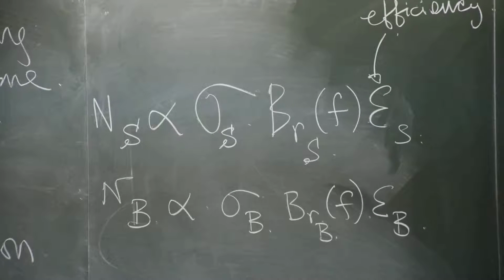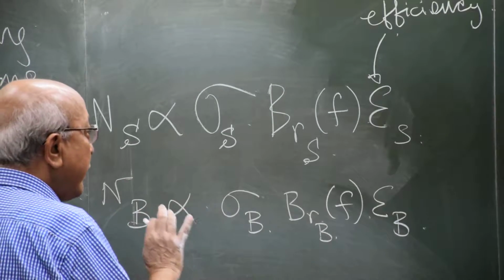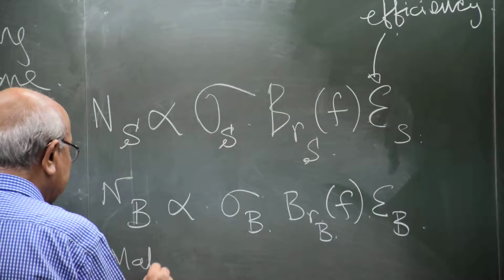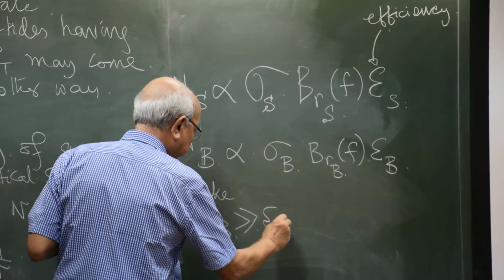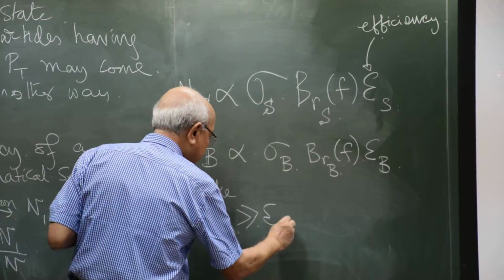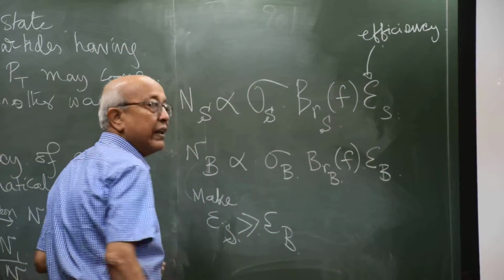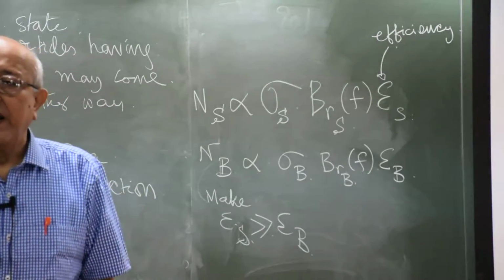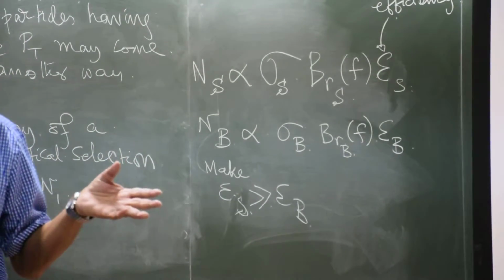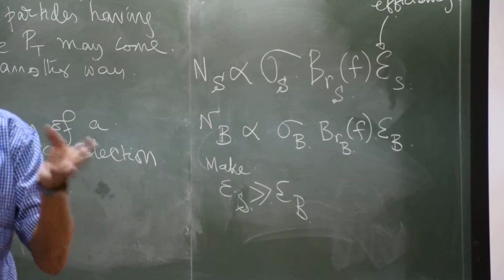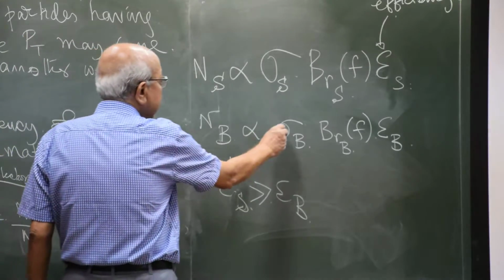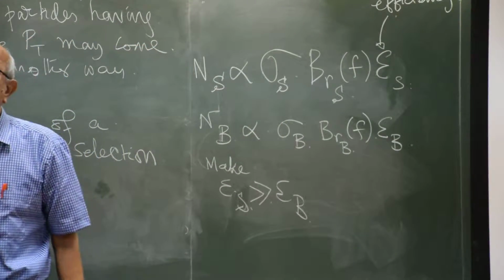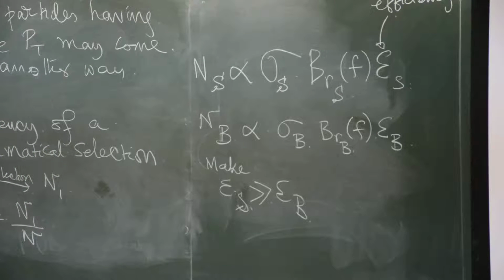Alright. Then of course what you would like to do is make the efficiency of the signal as large as possible compared to the background. In that case, even though this number is large, bb-bar is produced in a large way. You could select an efficiency in principle.